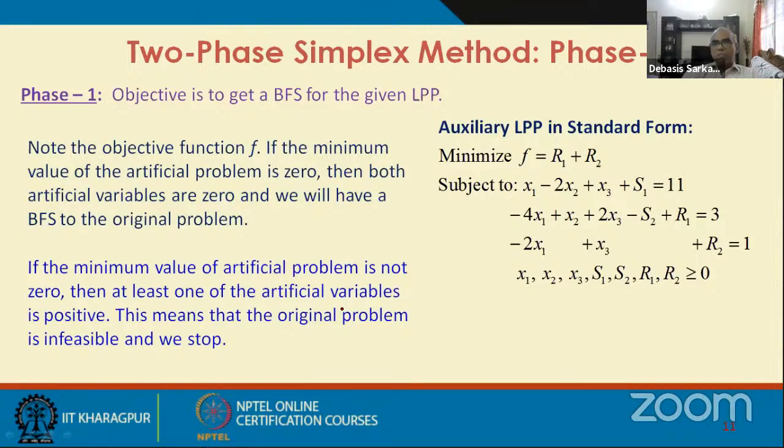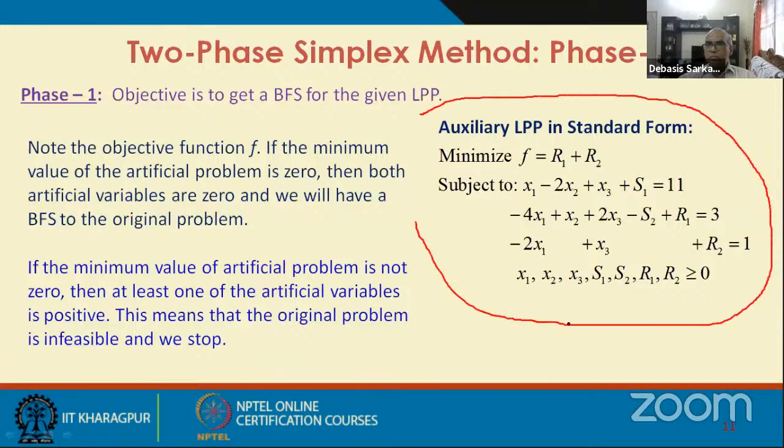So what happens when you solve this auxiliary linear programming problem with this objective function, but when optimality is achieved, you see that the objective function value f is not 0. If it is not 0, it means that at least one or more artificial variables have positive value. They cannot have negative value.